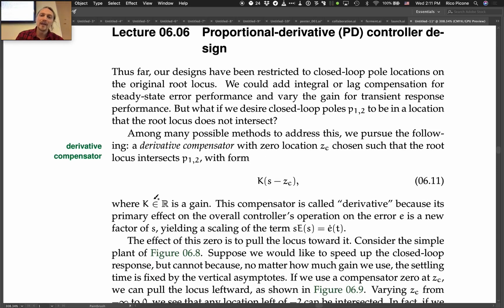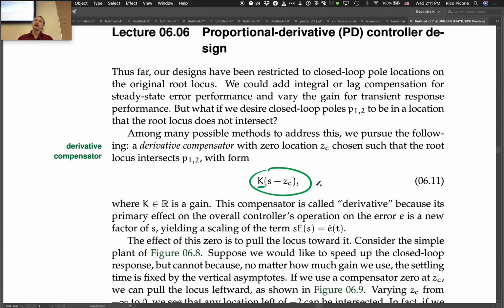Among many possible methods to address this, we pursue the following: a derivative compensator with zero location ZC chosen such that the root locus intersects that desired closed loop pole location P1,2, with the form some gain and then some zero, where the gain is K and the zero is ZC.